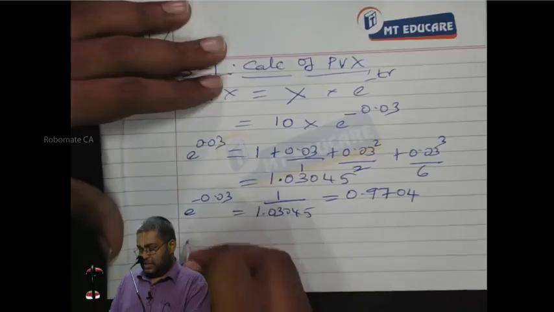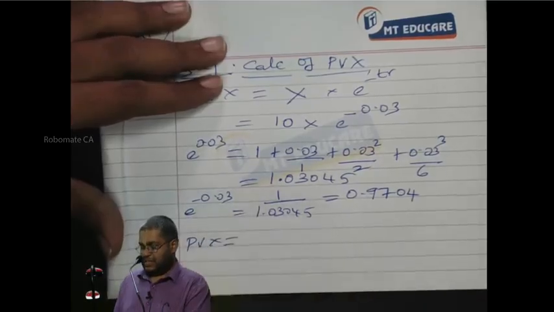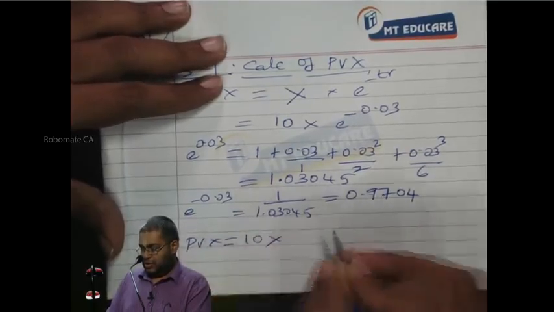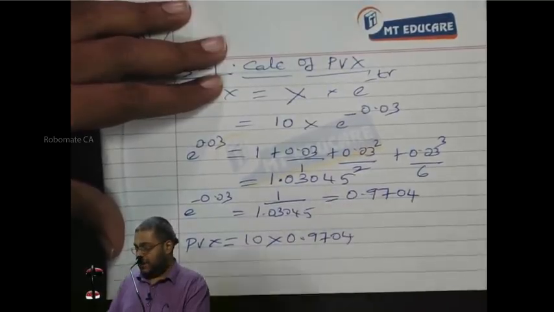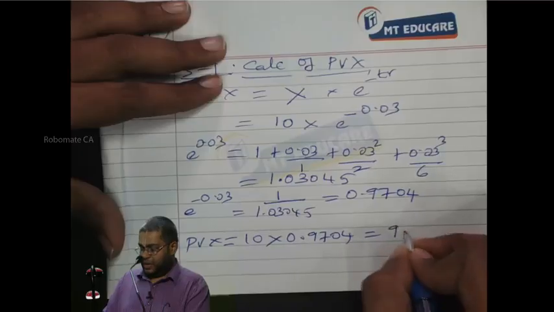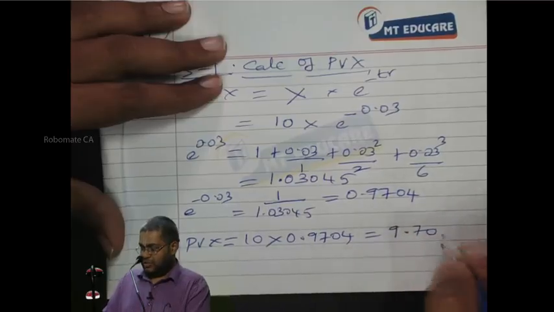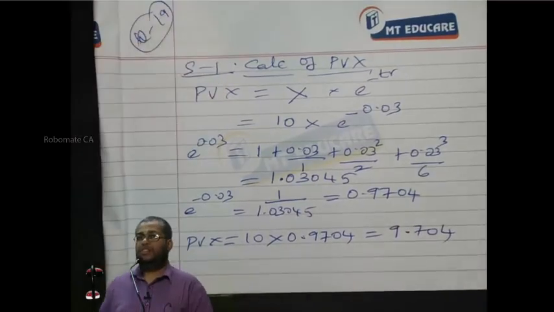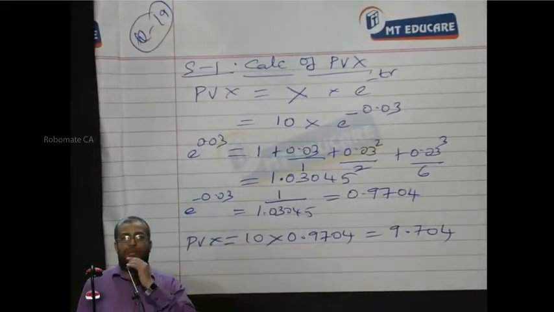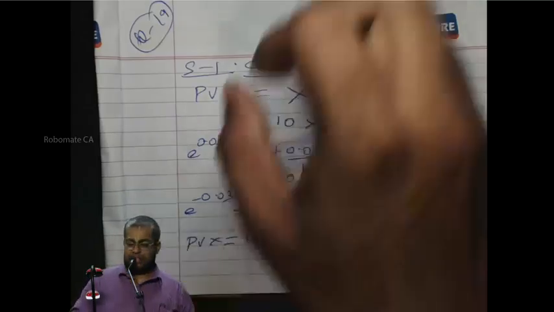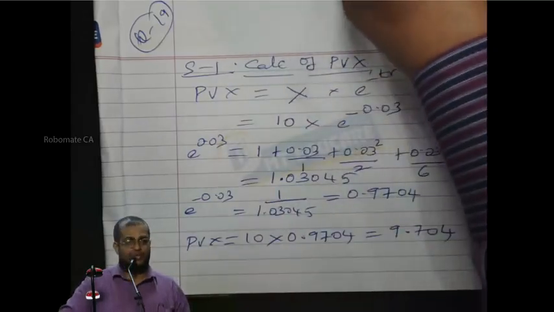In that case, present value of strike price is equal to 10 into 0.9704, which is 9.704. Present value of strike price is 9.704. Can I proceed further or not?